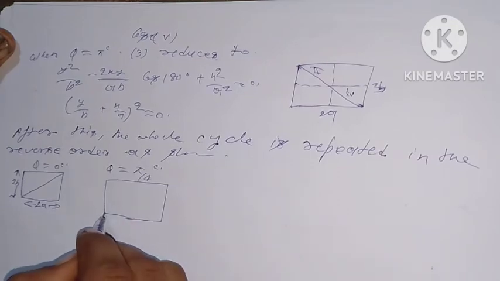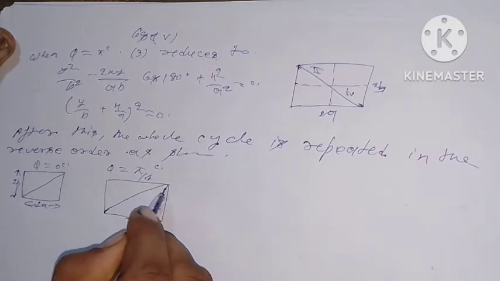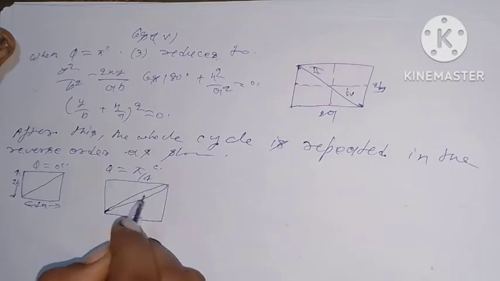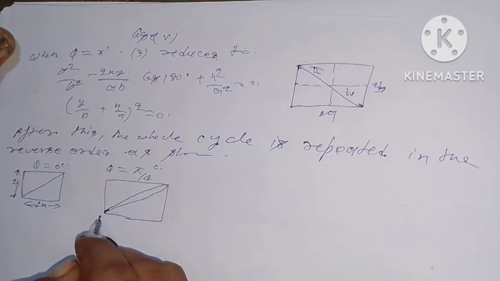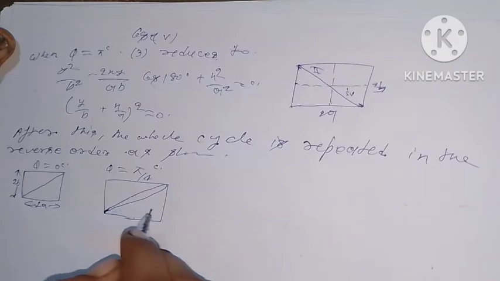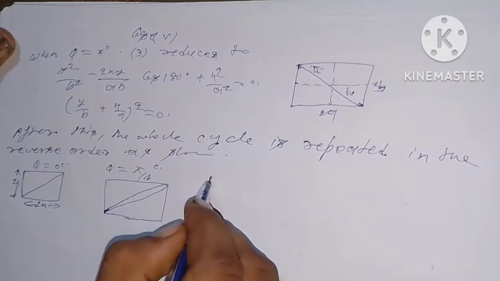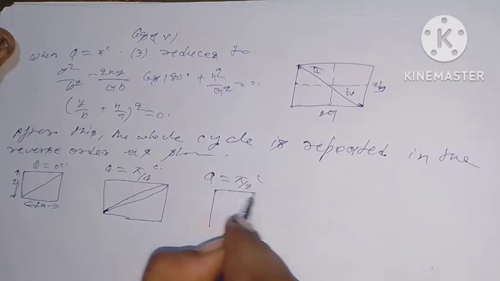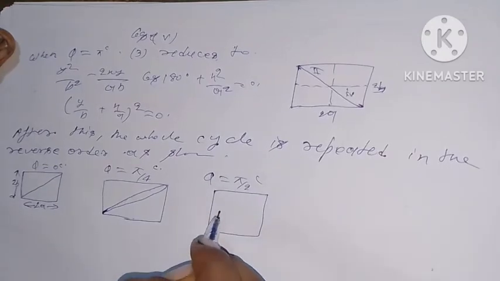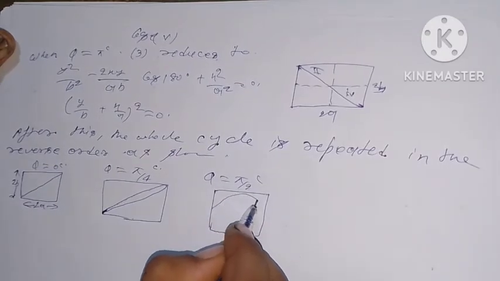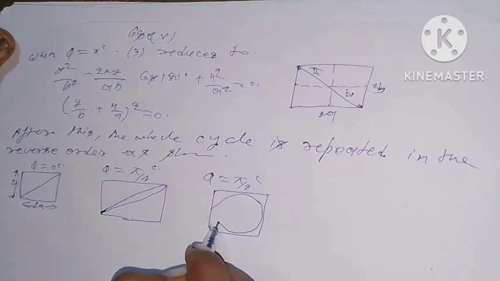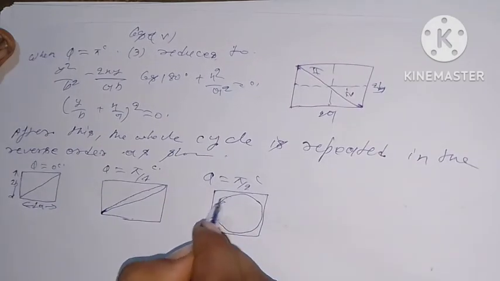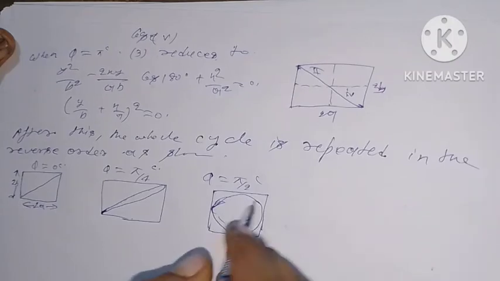That means the figure is in second and fourth coordinates. Next is phi equal to pi by 2 radian. The figure is an ellipse.